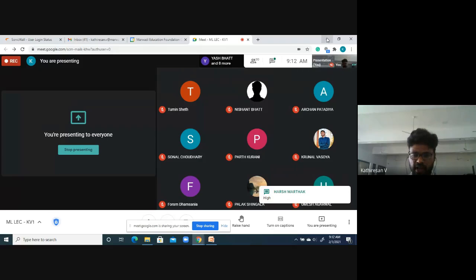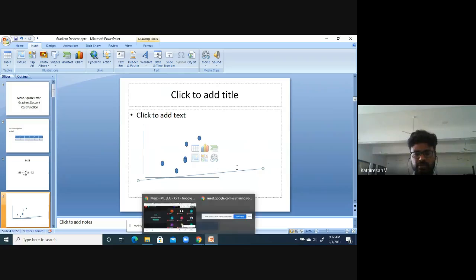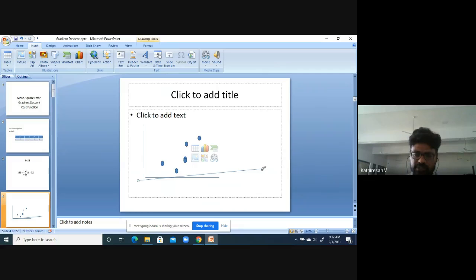Yeah, you are right. So first I have to check with this, then I have to adjust, then check the mean square error for this particular line, then move like this and check the mean square error here, and here.